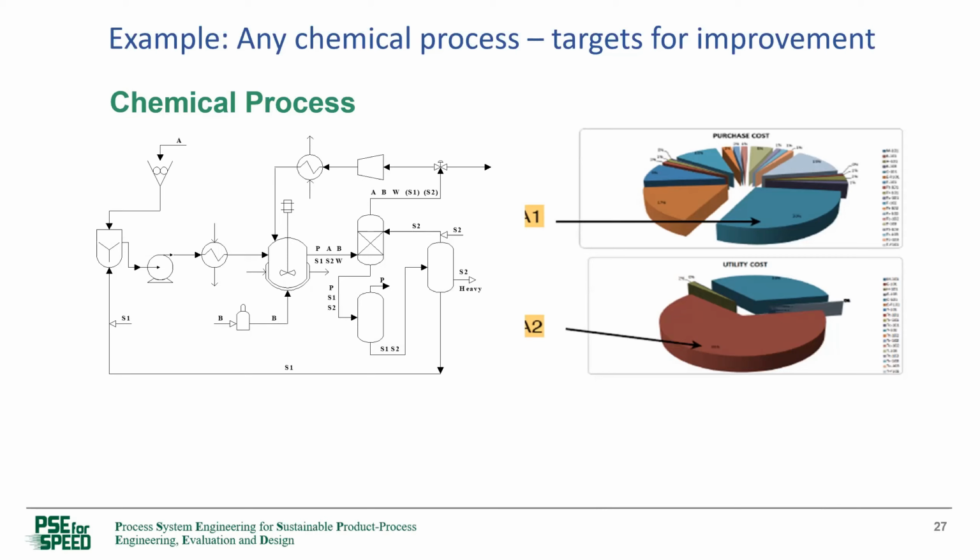So if we want to reduce the operating utility cost, the big dark red part is what we want to target. And in the purchase cost, the two equipment that have the largest cost. So that's a very simple way of identifying where the highest costs are and what we should do about that. First is to identify.